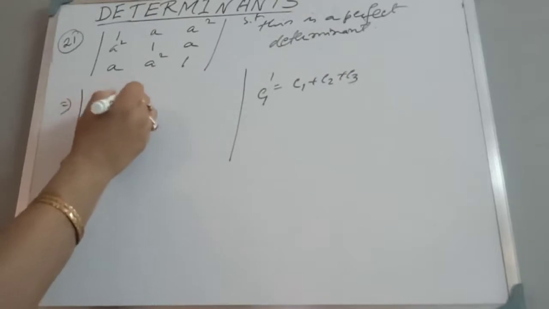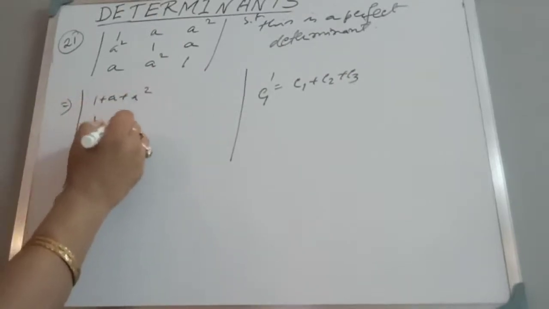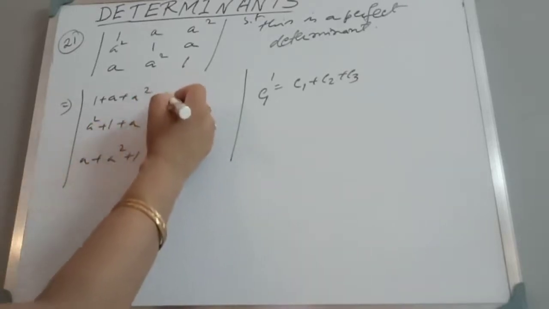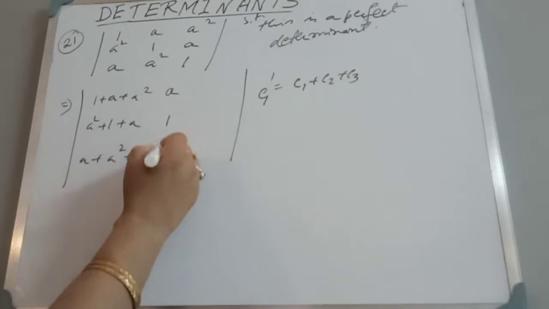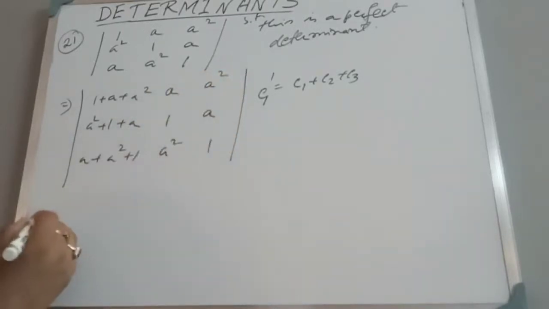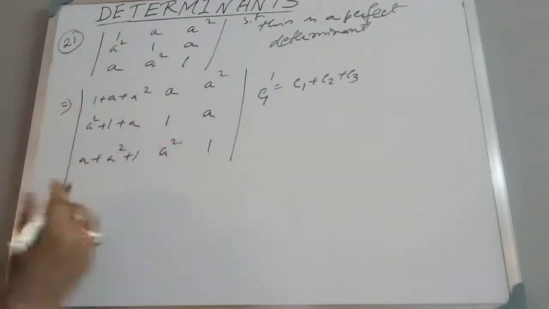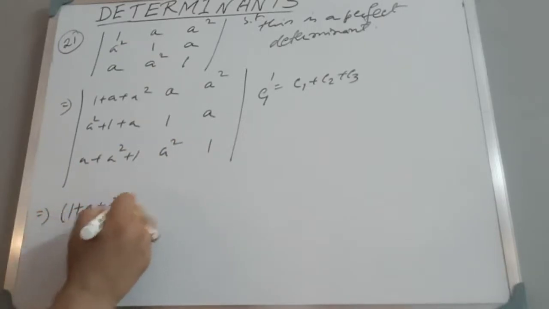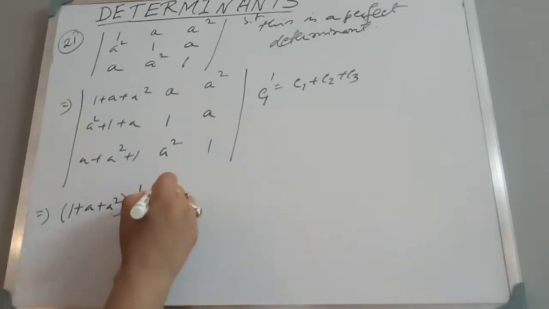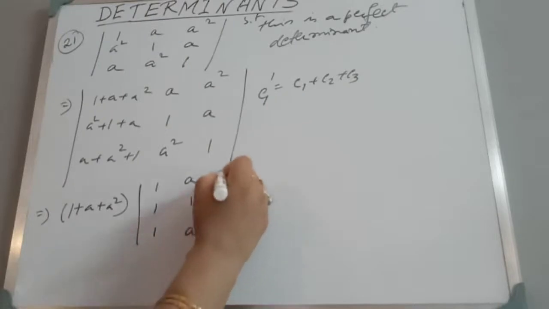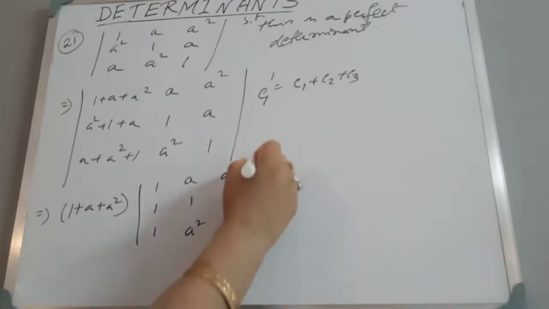Just write 1 plus a plus a square in each entry. The other two columns will remain the same. As the first column has all elements the same, we can take that common factor outside. So 1 plus a plus a square is taken out, with the first column 1, 1, 1, the second column a, 1, a square, and the third column a square, a, 1.